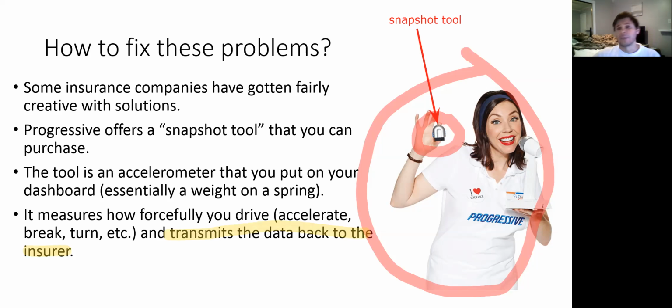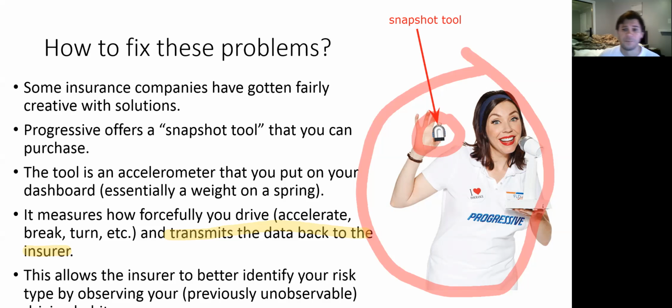Meaning, if you're actually a high-risk individual and you have this device, the insurance company is going to see that you drive the car like a bad driver. You drive it like a high-risk individual. And this will allow the insurer to better identify you and to better associate you with the correct risk pool related to your actual driving habits.